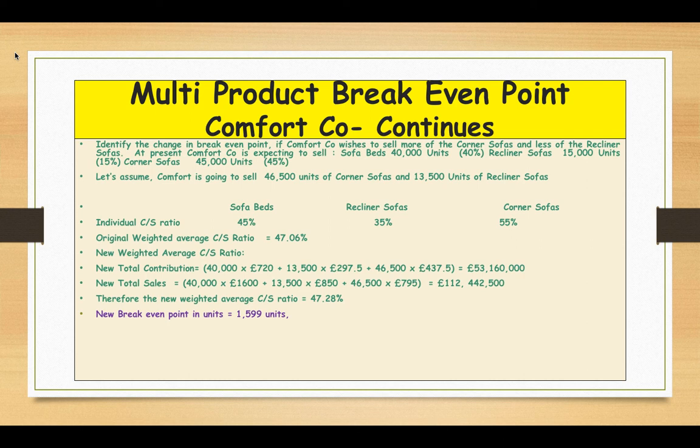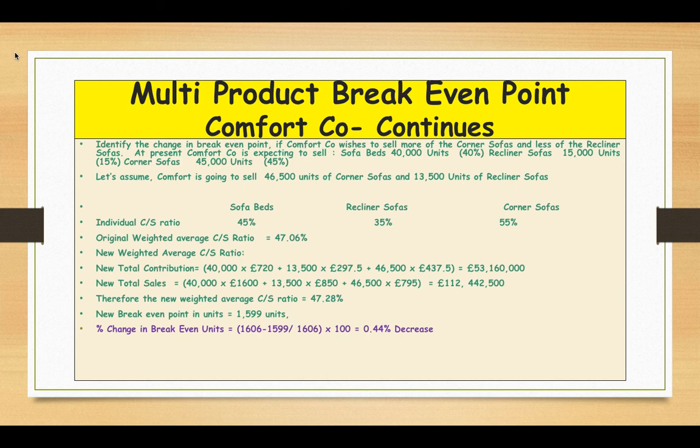So our new break-even point in units will be 850,000 divided by the weighted average contribution per unit, 531.6, which is 1,599 units.